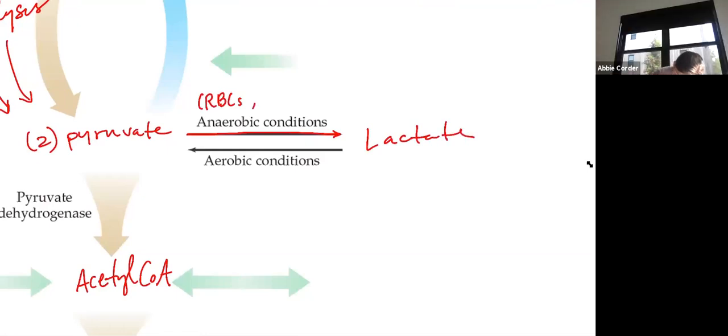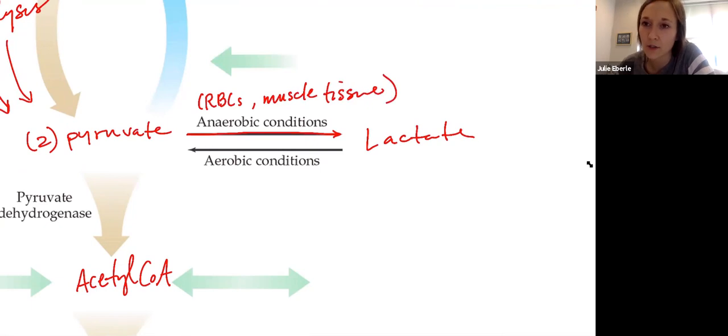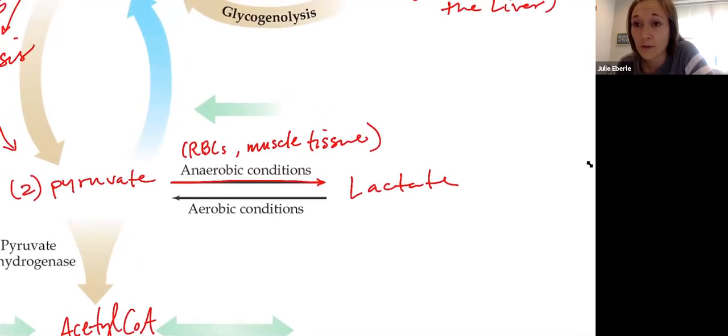So red blood cells and then muscle tissue. Cells in our muscle tissue have very, very low oxygen supply. So they will take pyruvate. And remember, y'all probably have heard, especially if anybody's had an exercise wellness class, they talk about lactate, how it makes your muscles sore after a workout, because this is primarily how muscle tissue obtains its ATP.